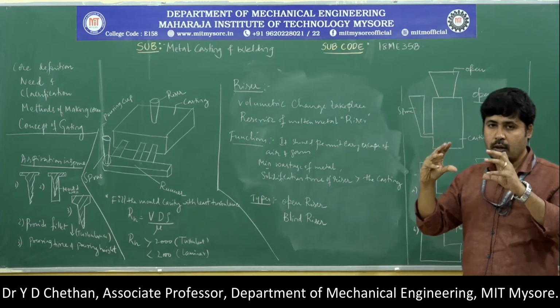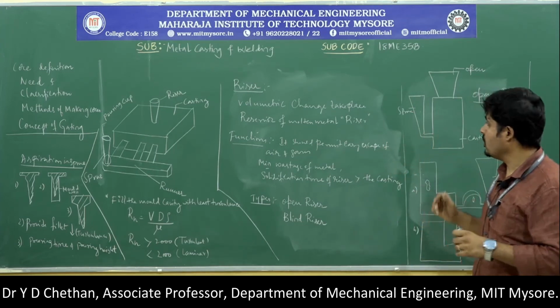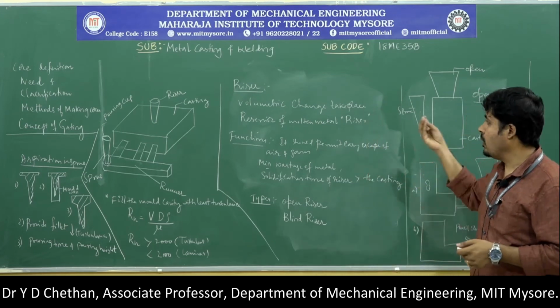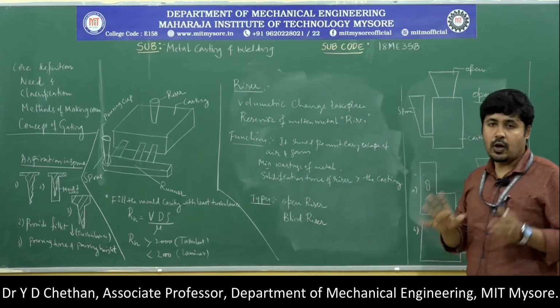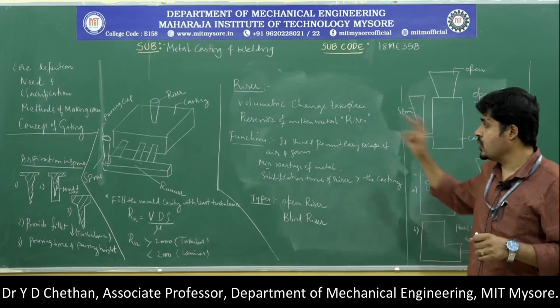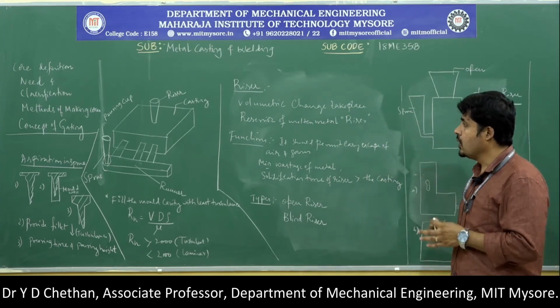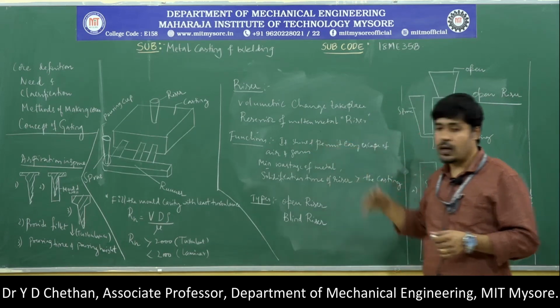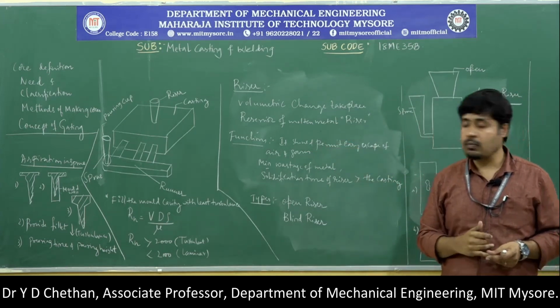Whenever the volumetric change takes place, the riser has to supply molten metal to compensate for the difference in the final part. So the function of the riser is to provide a bank of molten metal.